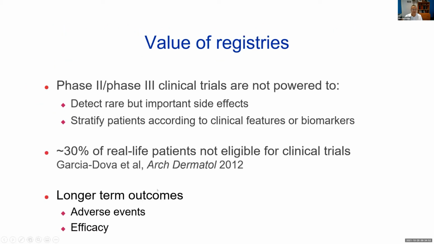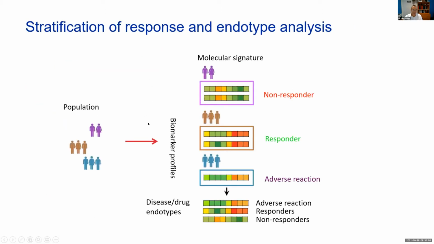So the concept of stratification, I think, will be familiar to this audience. But in brief, the concept is that within a population such as stable plaque psoriasis, there are hidden subgroups that you don't quite see. They may be associated with particular clinical phenotypes, but either by mechanisms of stratification and biomarker discovery, you can identify these signatures and then associate them with things like clinical response and non-response.